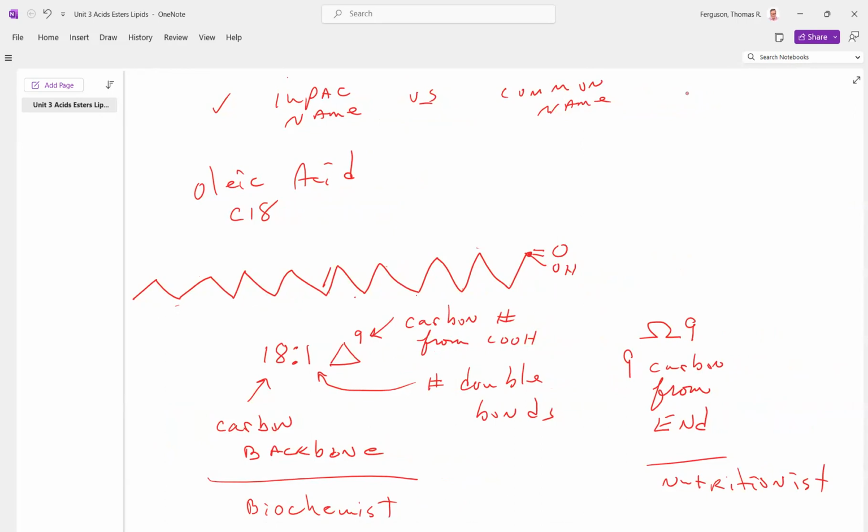Consumers never see this delta stuff. You look on a packaging label, you don't see the omega either. You just see the common name of it. But in nutrition articles and journals, they'll be using the omega designation. You hear it all the time, omega-3s.